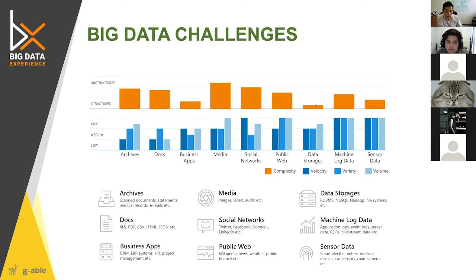Compared to a simple data storage, which has large size, maybe high velocity, high variety, but is unstructured. On the other hand, if we take a look at sensor data, it generates every second or every 5 seconds, but it is more like structured data. So in terms of complexity, it's not that hard. So different data have different challenges in dealing with them, right?